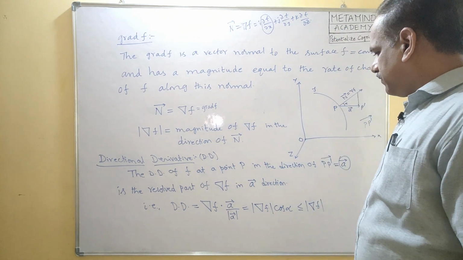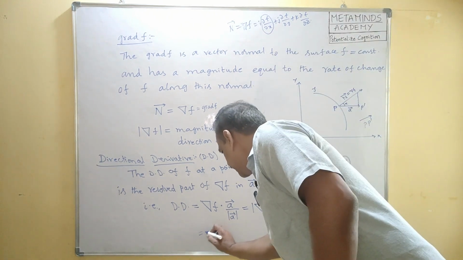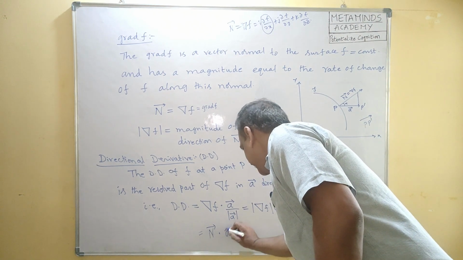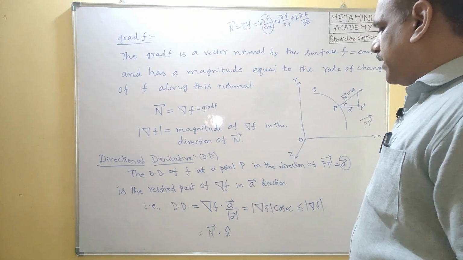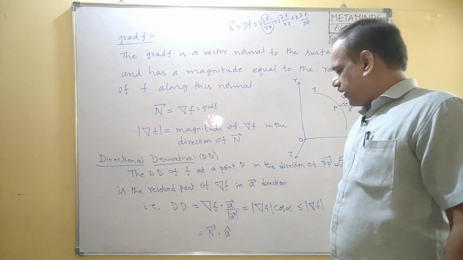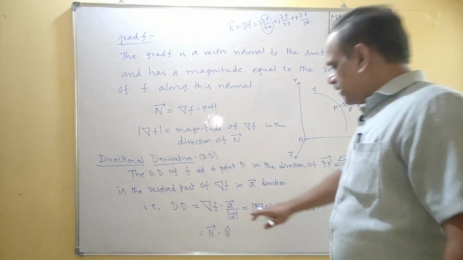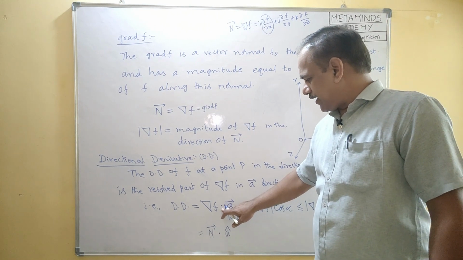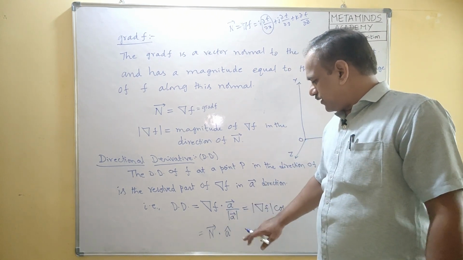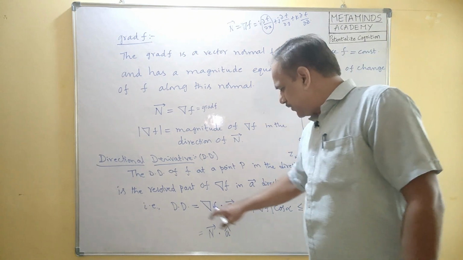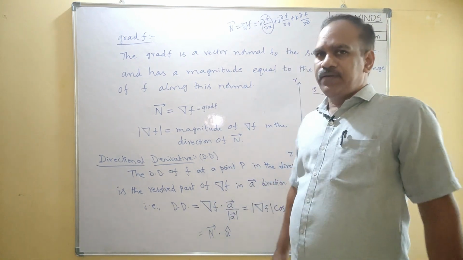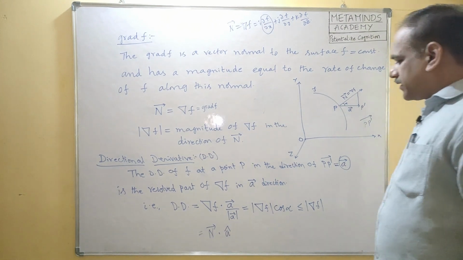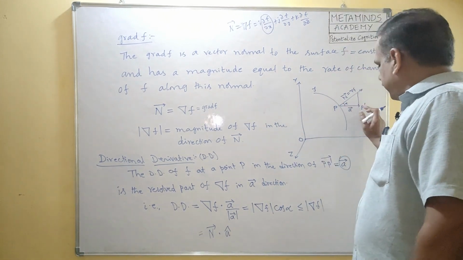Del f is a vector, a cap is a vector, and the dot product is a scalar. So the value is the directional derivative in the specified direction a bar.